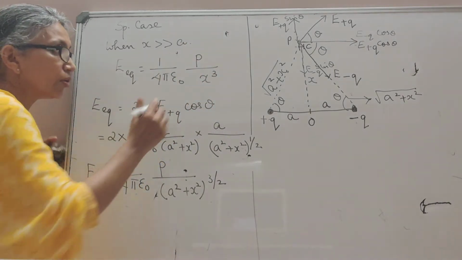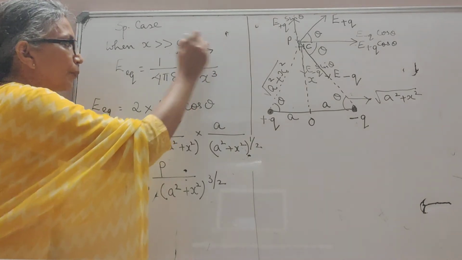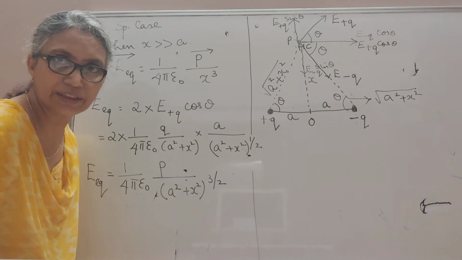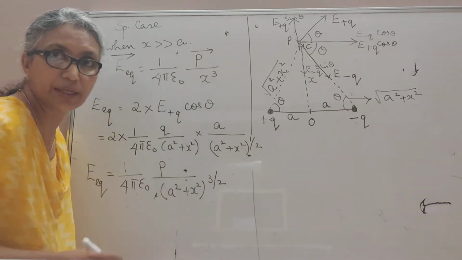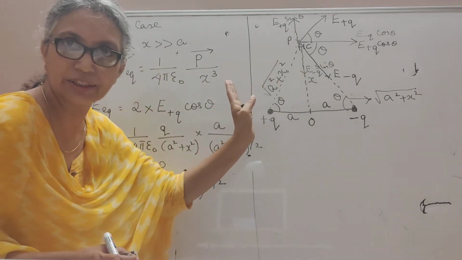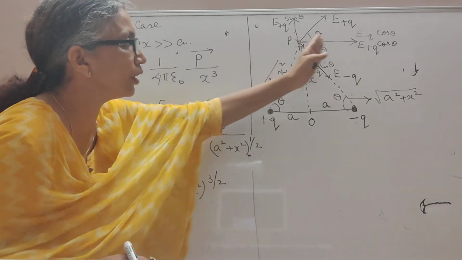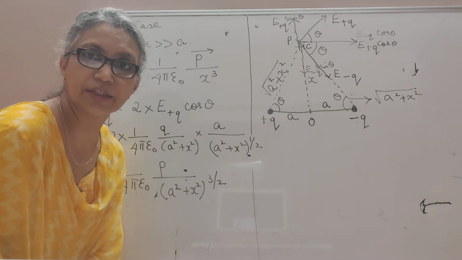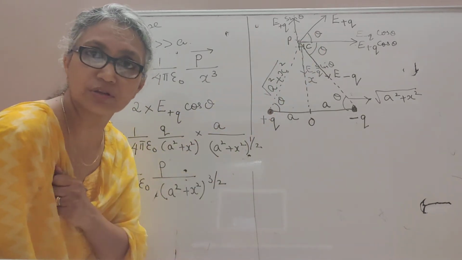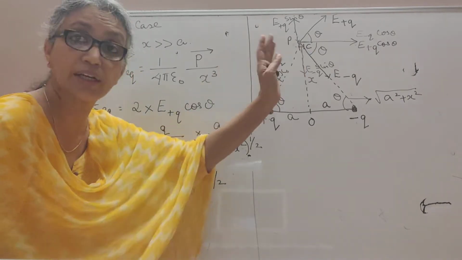Now here P is a dipole moment, which is a vector. E equatorial is also a vector. Let us check if they have the same direction. See, this E plus Q and E minus Q sin theta got cancelled. So the net field is only E plus Q cos theta and E minus Q cos theta, both in the same direction. So resultant vector also has to be in the same direction, that is to the right.